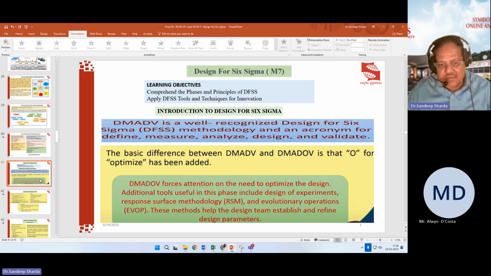So DMADV brings very rapid change as far as the fashion industry is concerned. So we are going to go for design for Six Sigma, different types of fashion designing, ready-made garments and clothes, which are going to have an impact based on the customers' very rapidly varying demand.